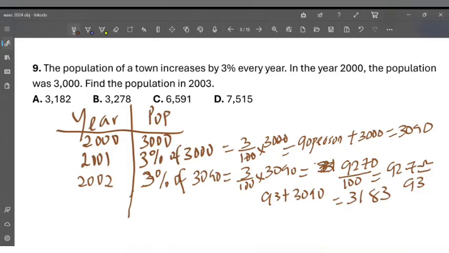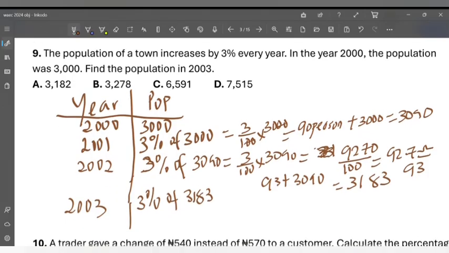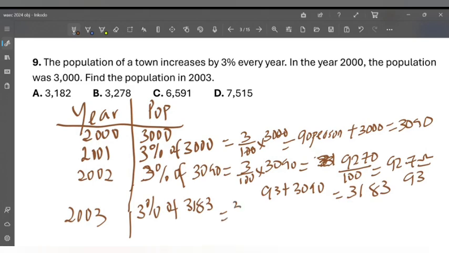So finally, in the year 2003, I will increase it again by 3%. So what is 3% of the number I had before in 2002? That 3% would be equal to 3 over 100 times 3,183 persons, which is equal to 9,549 all over 100.